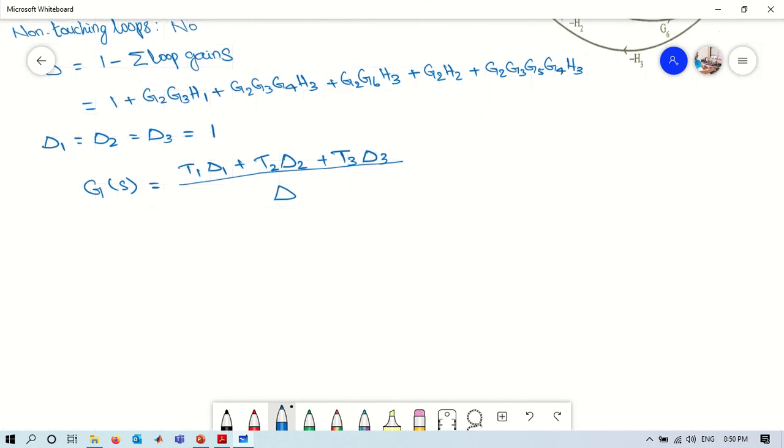Now I have to substitute the values of T1, T2, T3 in this.